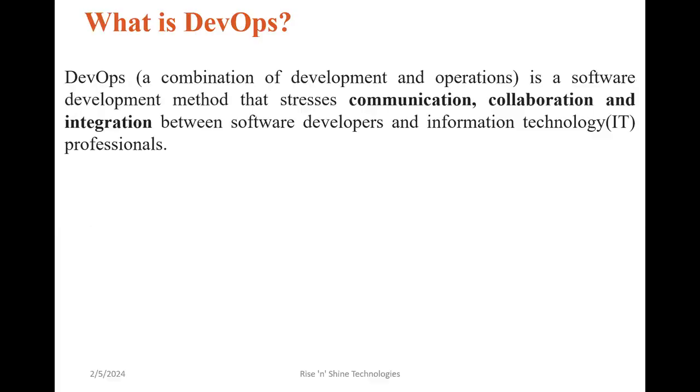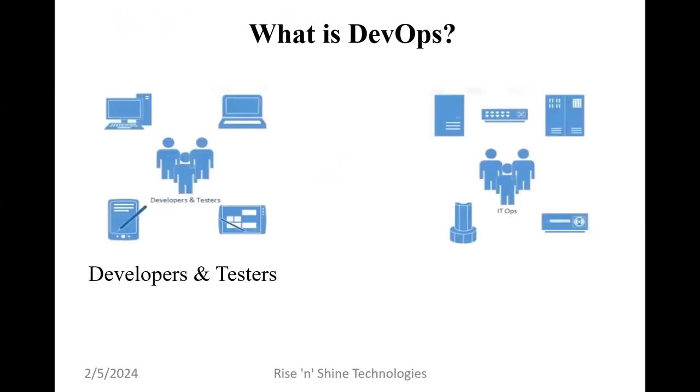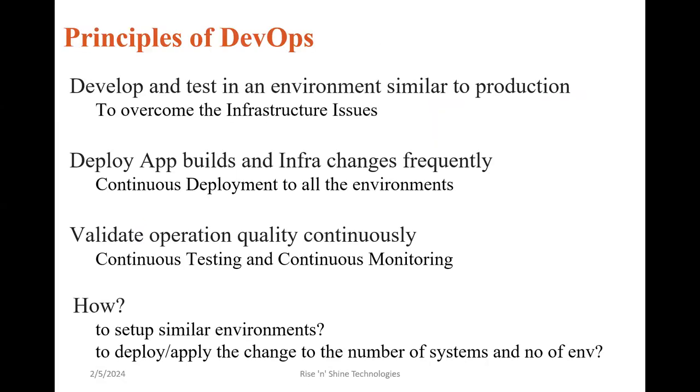with the objectives. What are the main principles which we need to have? Production is equal to development, to reduce the infra-related issues. That is one principle. Next: continuous testing, continuous integration, continuous deployment, continuous monitoring.